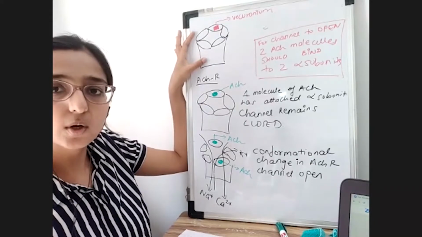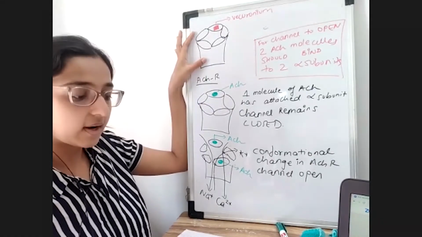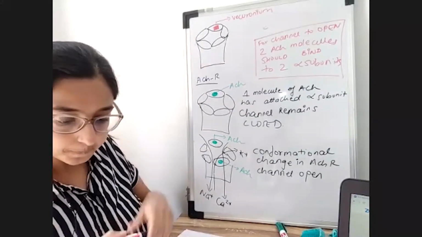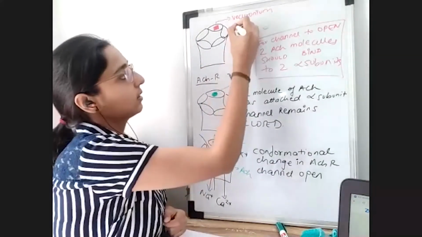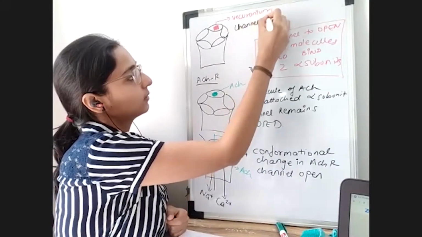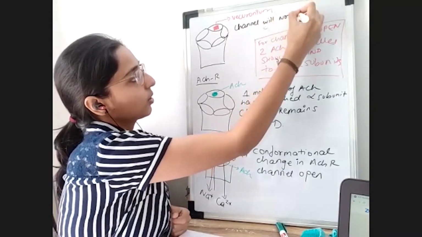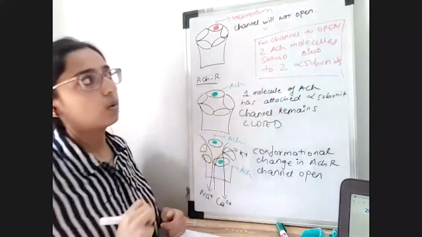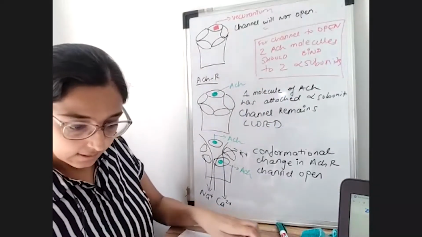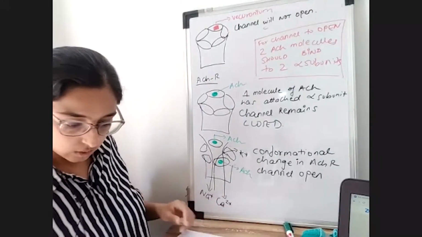Hence, this receptor goes in the inactive phase. It is not available for acetylcholine binding. So the channel will not open, because of the relaxant which has attached.